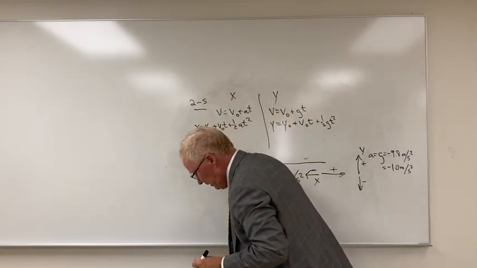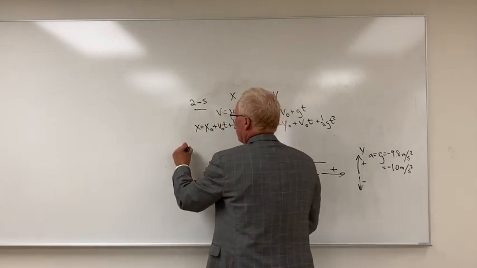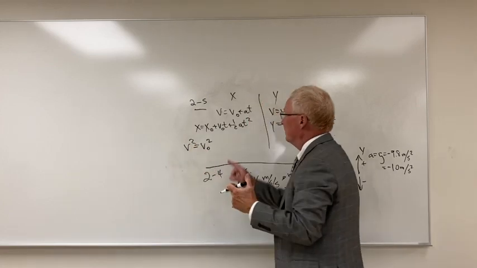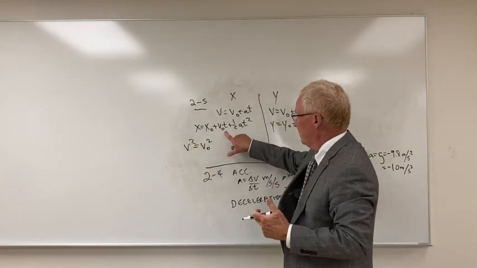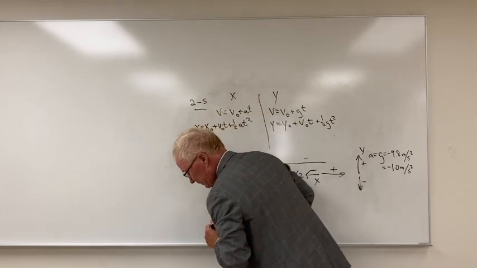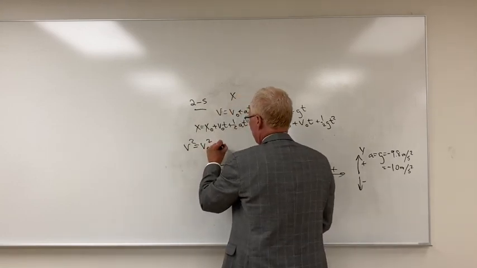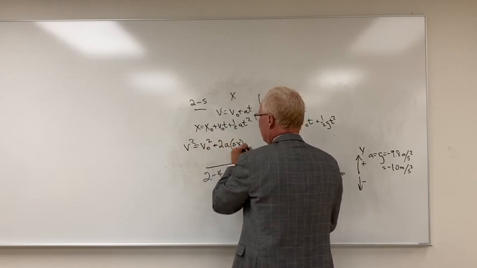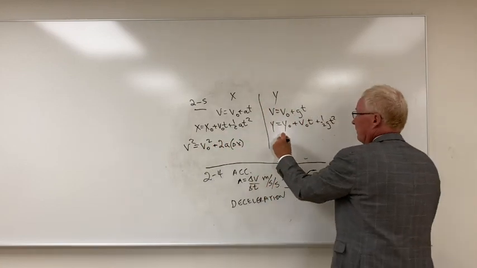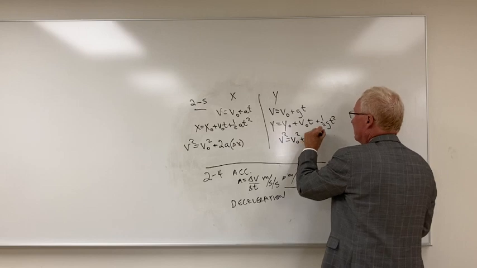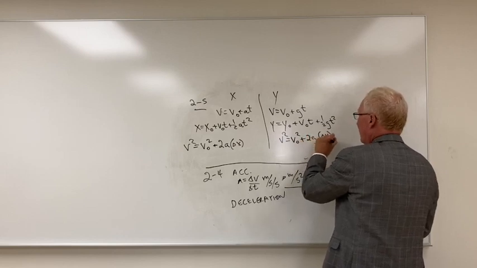And then finally, v squared is v naught squared, where this is the initial velocity, plus 2a delta x, change of position. And for here, v squared is v naught squared plus 2g delta y.